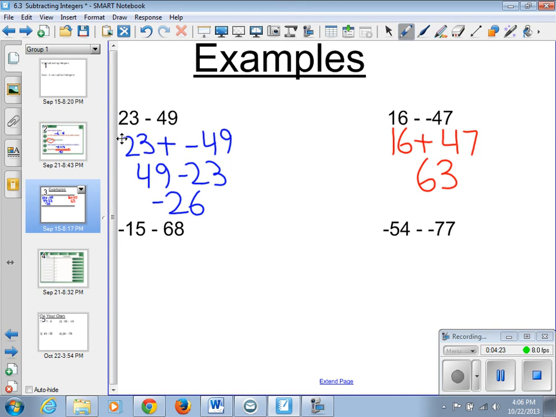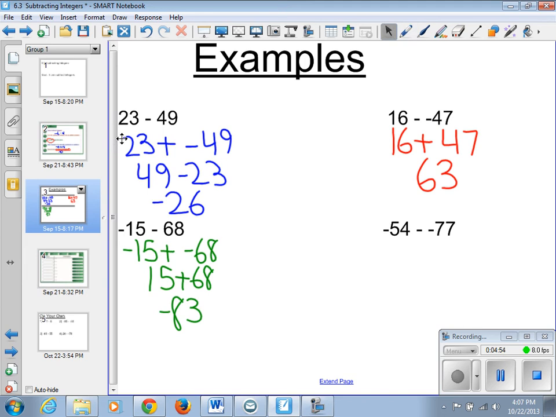Our third one, stay, change. -15 plus -68. Well, this is same sign addition. So we add the absolute values, 15 plus 68, to get 83. Then we apply the shared sign of subtraction.